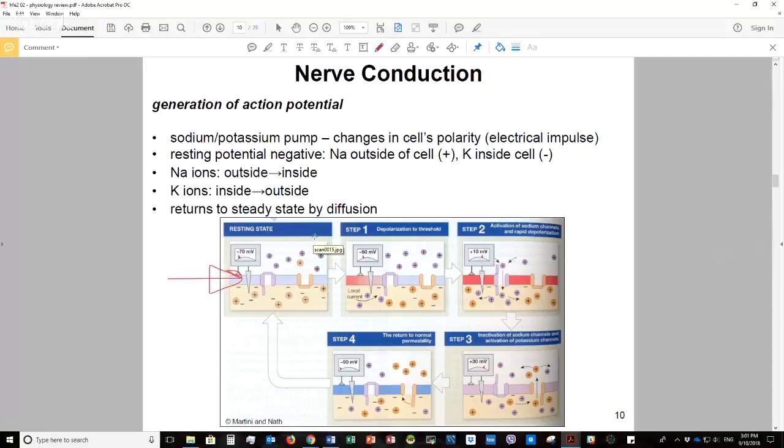So the difference in the potential energy across this membrane is called membrane potential. And like electricity, we actually measure it in volts. But it's a much smaller amount of electricity than what you might find in your house. So it's a much smaller number. But you can see here when your neurons are resting, that membrane potential is at negative 70 millivolts. So you can see it's not a zero. We do have a difference here.